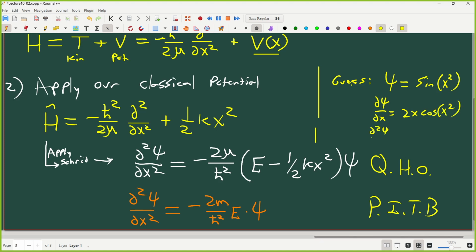And the second derivative, well, as you can see, it gets complicated because we have a product rule now. We have 2 cosine x squared minus 4x squared sine x squared. Sorry, I forgot to take a sign. There's a sign here.